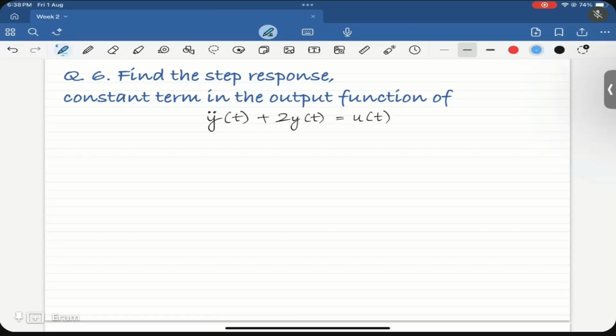What is a step response, ma'am? Step response means you have to find the response of the system when the input is a step input.